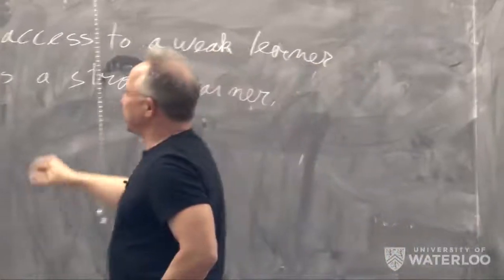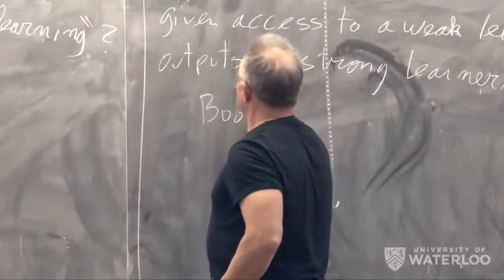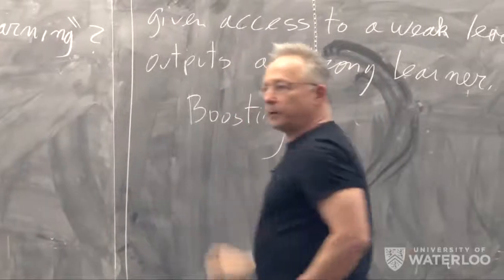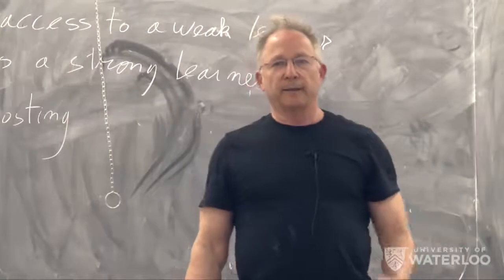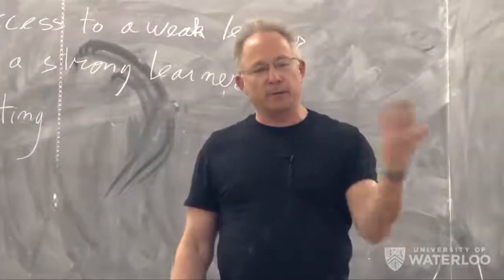And this is what is called boosting. This is the boosting algorithm. So a boosting algorithm is an algorithm that you give it access to a weak learner, and it works and gives you a strong learner.